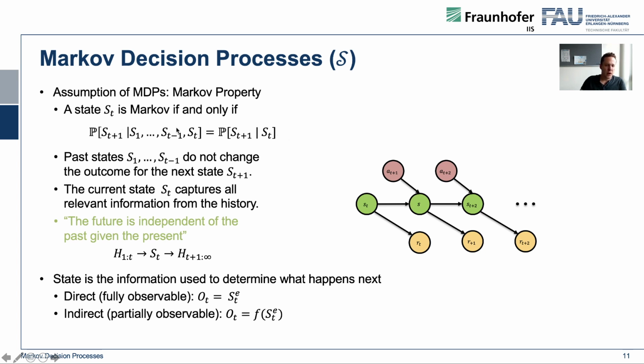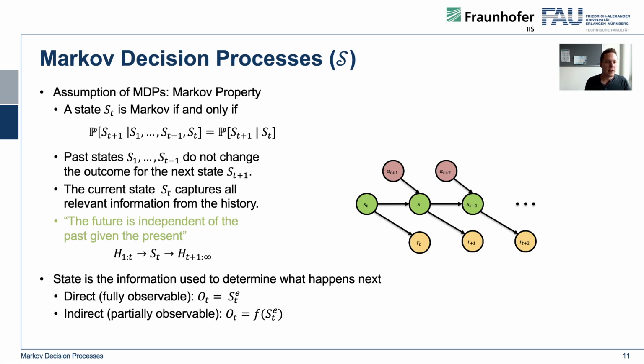This sounds a little bit weird, but what does it actually say? This actually says that all the past states, from two time steps away to the beginning of the episode, we were in some states. And what we want to say is that the outcome where we end up is not depending on the early states that we were in, but only on the current state.